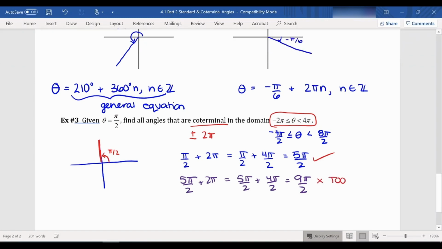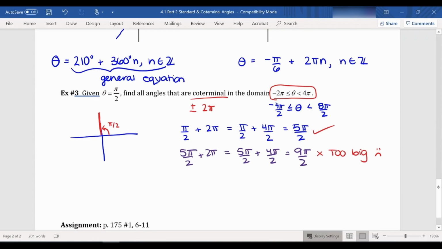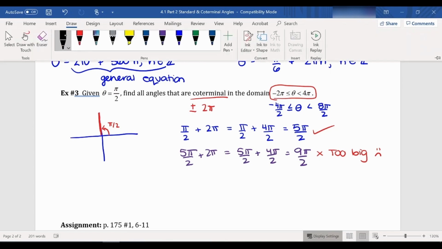It's too big. So there's no point in me continuing to add 2 pi because I already found one that's too big. So I took my original pi over 2 and added a full circle and got 5 pi over 2. That one was okay. Then I added another full circle and I got an answer that was too big. No good. I can also subtract full circles.